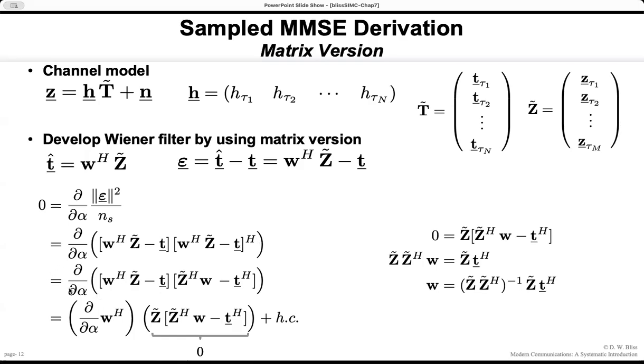And so now once again, I take the derivative with respect to alpha. I have to do the chain rule once again because this is a real derivative with respect to a real-valued parameter. That is the L2 norm squared.